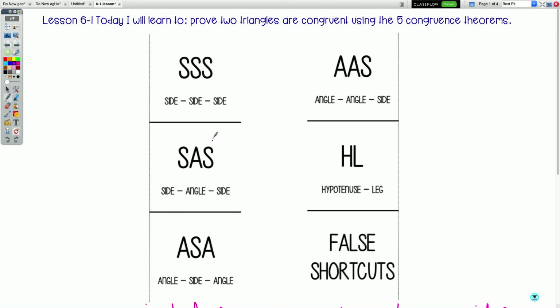So whenever I have an angle in between, remember our vocab words down there, is that included or non-included if it's in between? Look down at your vocab word. It is the included angle, so we're going to write that on the front. So that just means it's sandwiched in between the 2 sides.